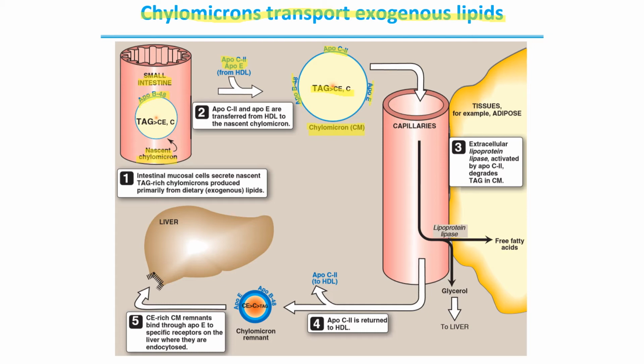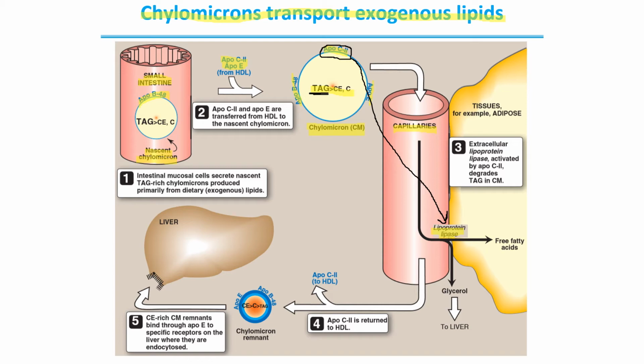minimal amount. So this chylomicron goes into the bloodstream, which is represented by this capillary, and inside the bloodstream we have this lipoprotein lipase enzyme, which is activated by this ApoC2. So ApoC2 activates it, and this is also a good point to remember, that this protein activates this enzyme, which is lipoprotein lipase. Now this lipoprotein lipase breaks the TAGs in these chylomicrons, which were in the greatest quantity.